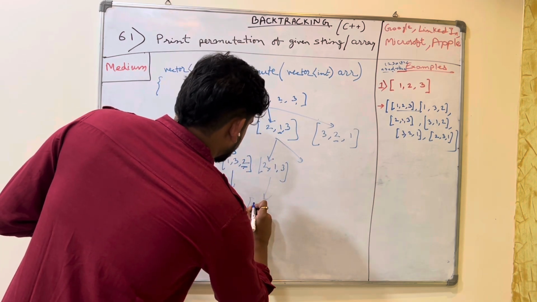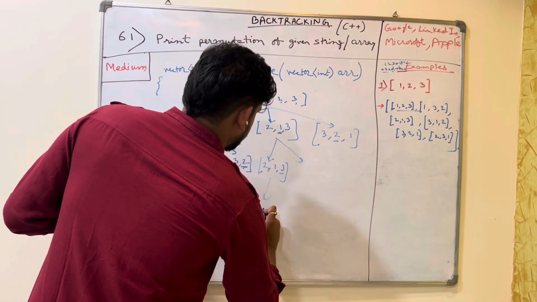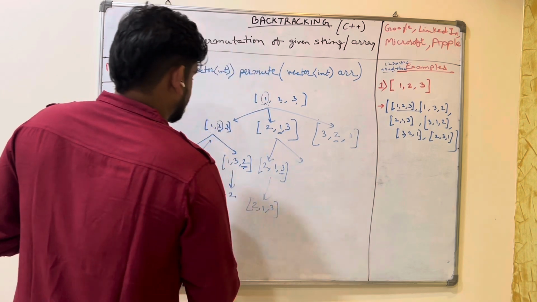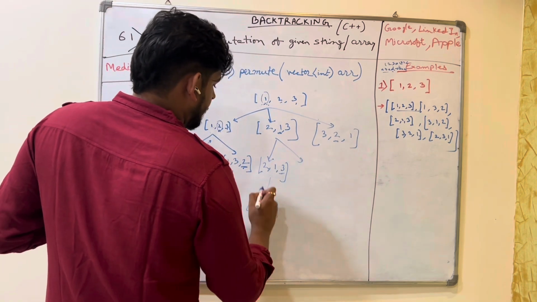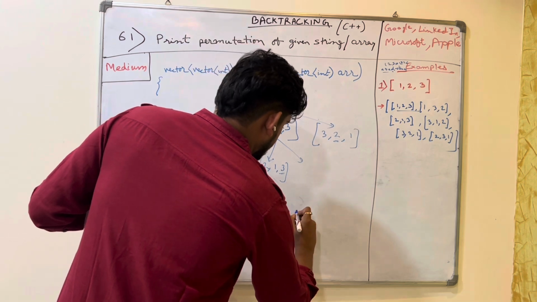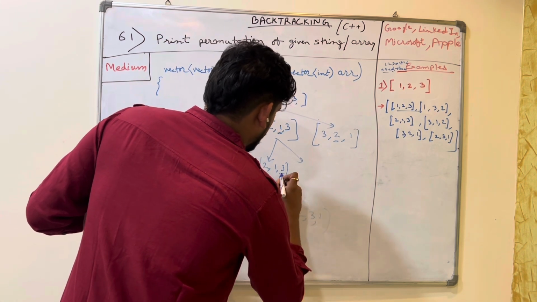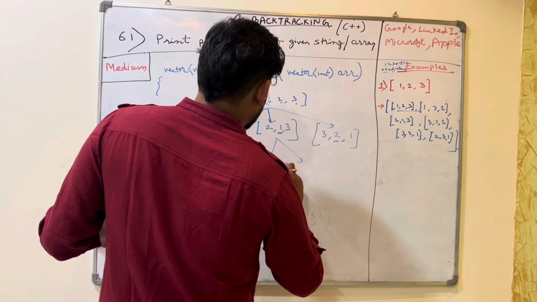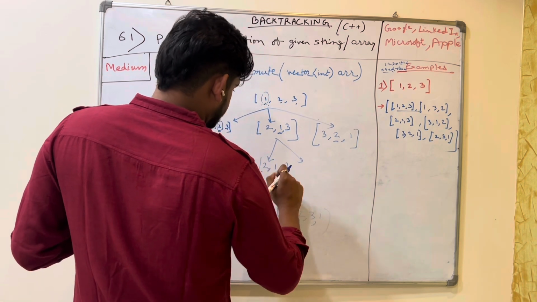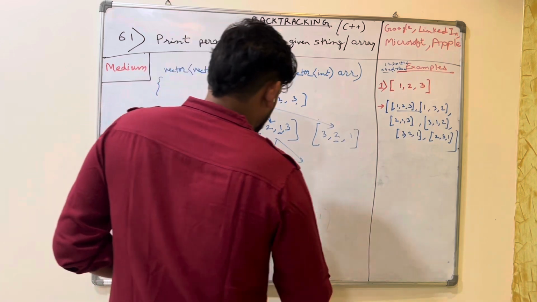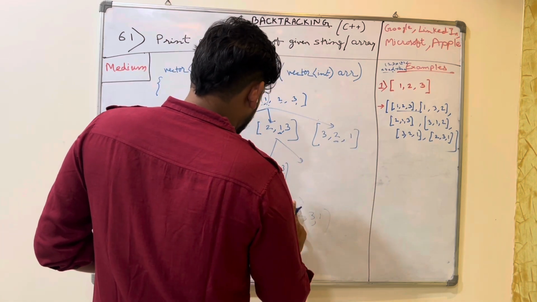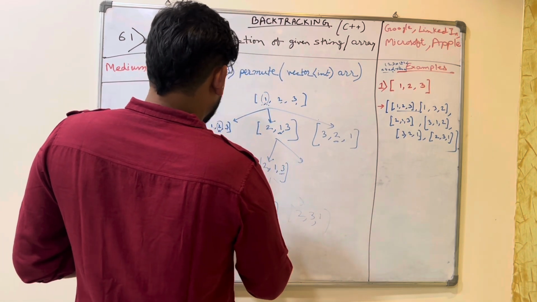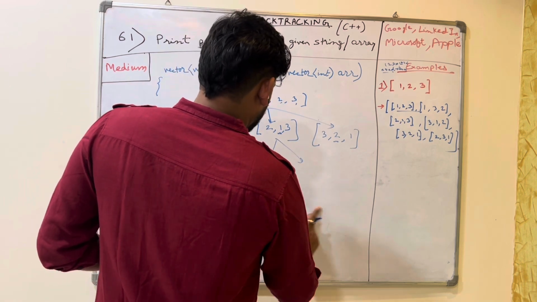So 2 comma 1 comma 3, and then this will be swapped with itself, so it will be just 2 comma 1 comma 3, right? It won't go anywhere again, but this will be swapped here. This will become 2 comma 3 comma 1. 1 2 3 will be swapped. Here again 2 comma 1 comma 3 was there. So 2 comma 1 comma 3, this is done, right? Okay, so this is done.